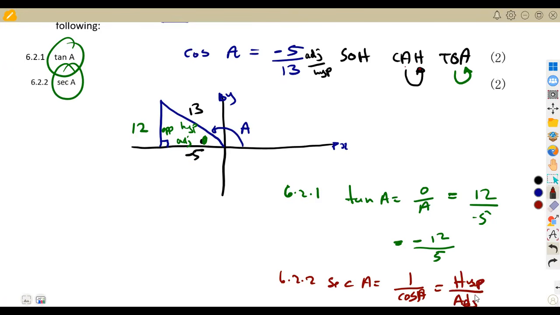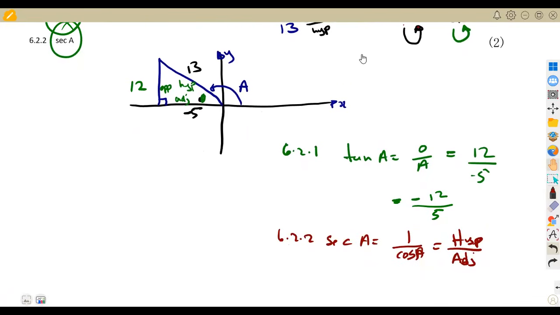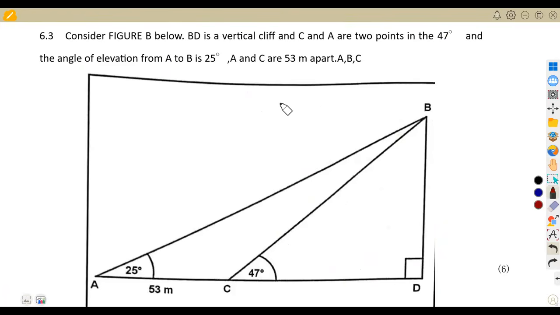You can find cos, then 1 over the cos, which in this case is the hypotenuse 13 over the adjacent, which is -5. So we've got -13/5. That was the sec of A, or just 1 over cos because it's the reciprocal.